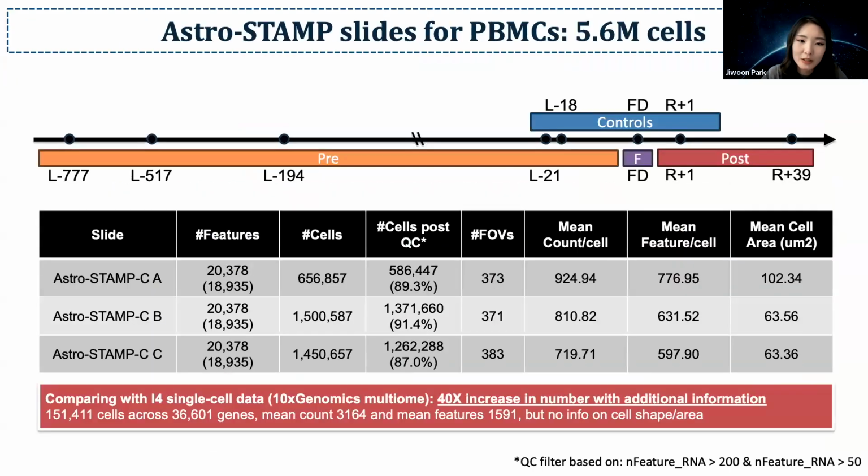And when we tested it on cells for which we had already generated single cell datasets, from just 3 slides we were able to get more than 5 million cells, loading 40 times more cells compared to what we used to do when we take 10,000 cells out, prepare the library, and develop and sequence for single cell.